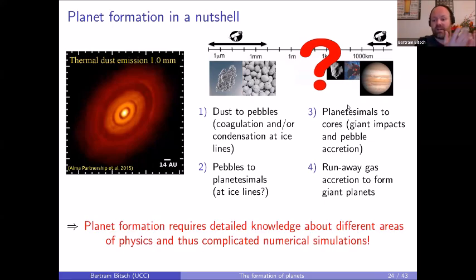This means that to understand planet formation, we have to understand a great deal of physics, how we can grow from micrometers all the way to objects that are tens of thousands of kilometers in size. And of course, it also means we cannot model every dust grain individually, because there is no way we can actually do this. So we have to run different simulations with different numerical approximations to model the growth process from the micrometer-sized dust grains all the way to the giant planets.